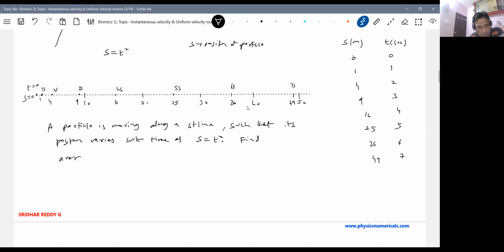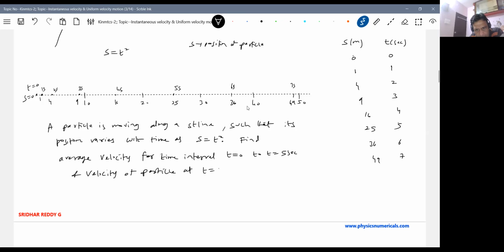Find the average speed or velocity, both are the same, for the time interval t equal to 0 to t equal to 5 seconds. And find the velocity of the particle at t equal to 5 seconds.